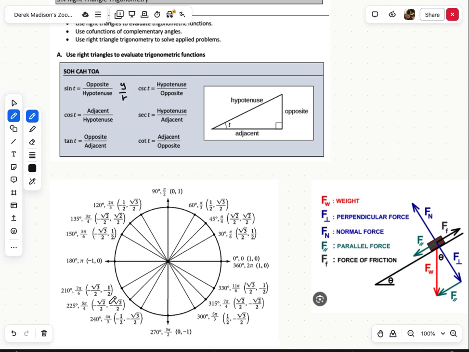The circle goes around 360. So right triangle trig is limited in that it doesn't allow for angles larger than 90. Like, if I had a 120-degree angle here, there isn't a hypotenuse on that because it's not a right triangle. So that's one way the unit circle is good.